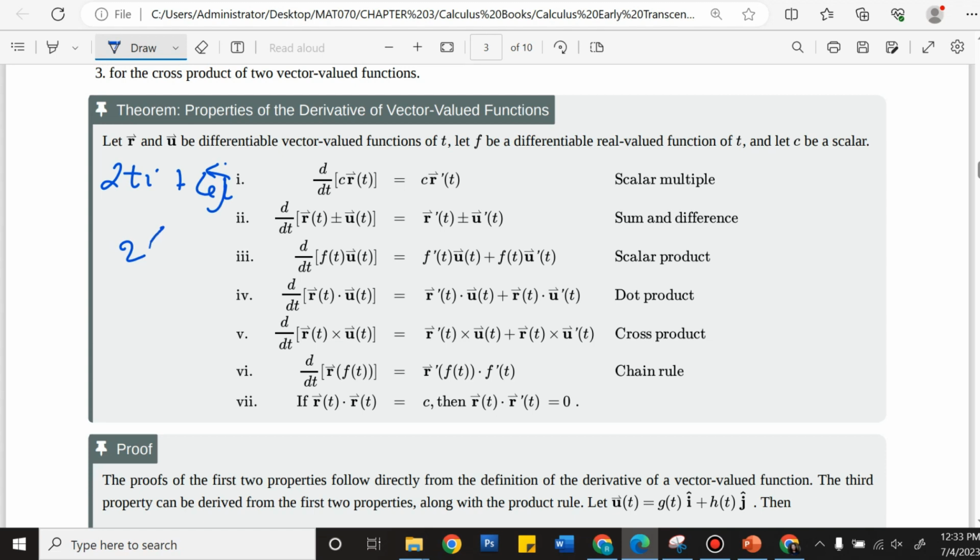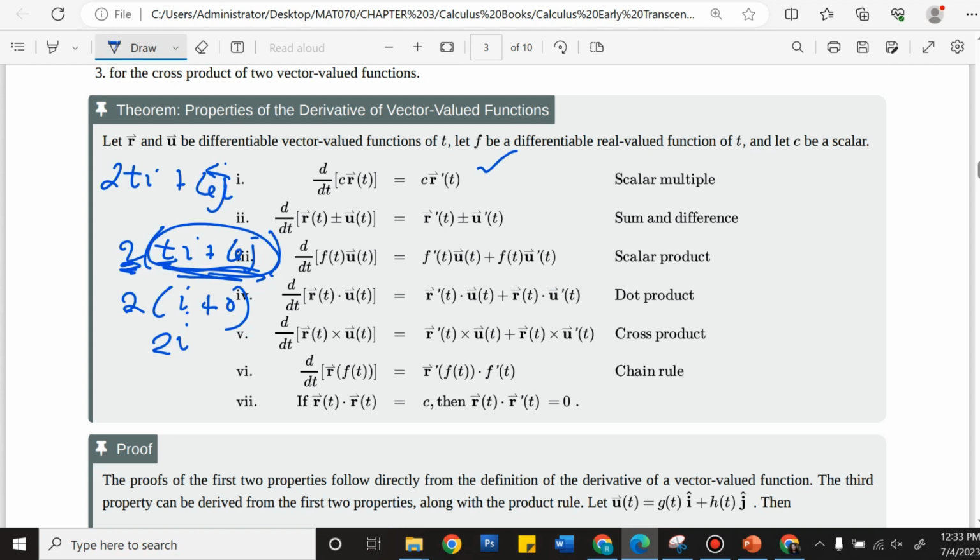So this time, this is my constant, and this is my vector r. I can take the derivative first. I will have 2 times the derivative of t, which is 1. The derivative of 6 is 0. So wala na, I will have 2i. Okay?